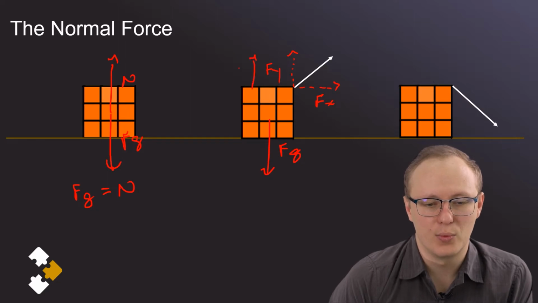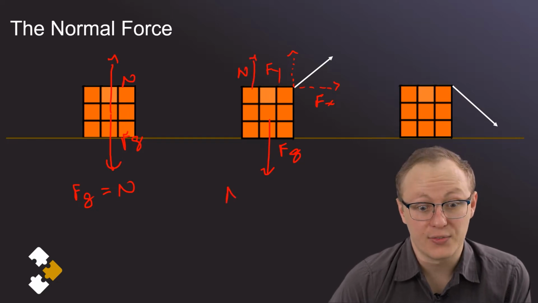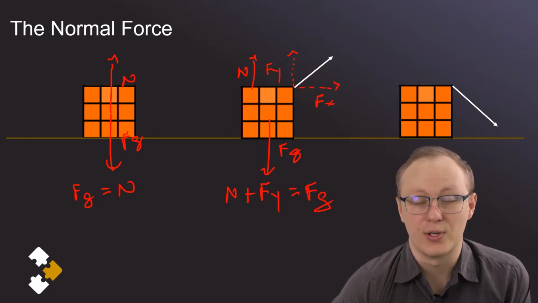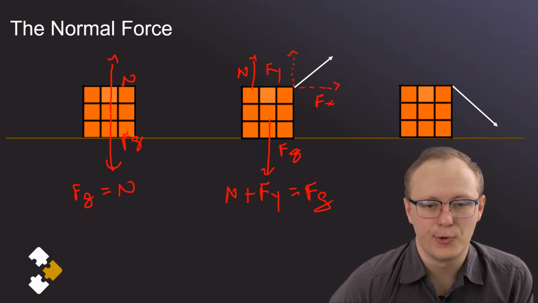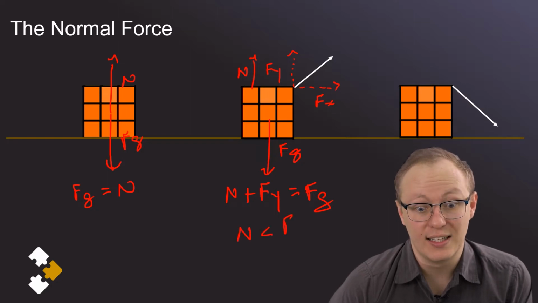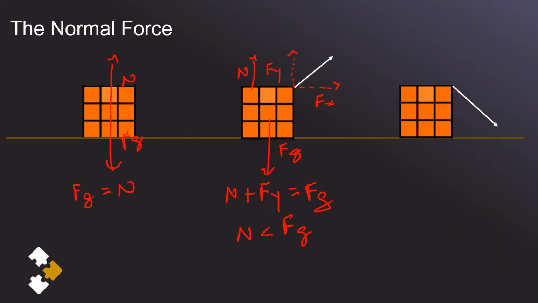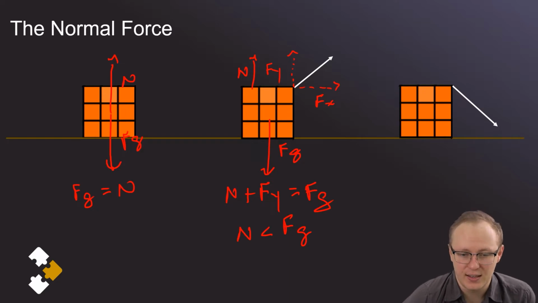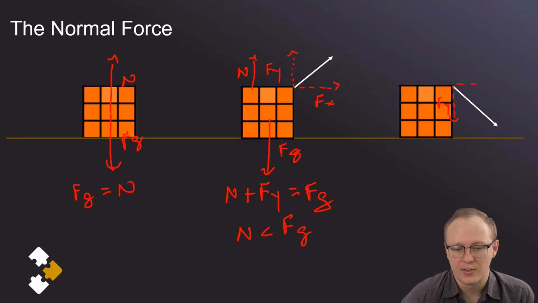So there's a normal going up, and in this case, the normal plus the Fy is going to be equal to Fg. So if you're pulling up on an object, the normal is actually less than Fg.